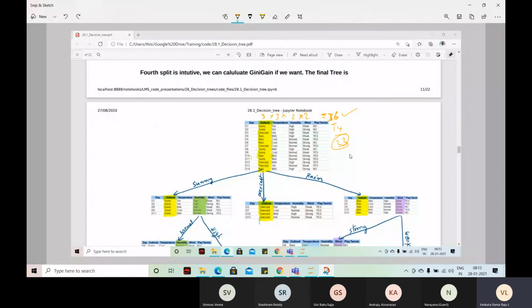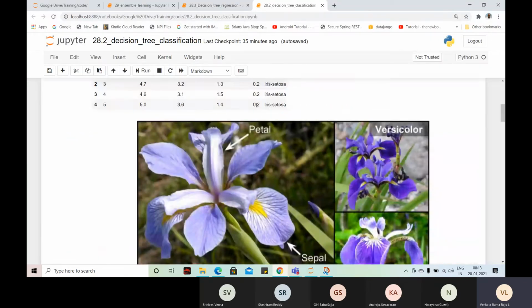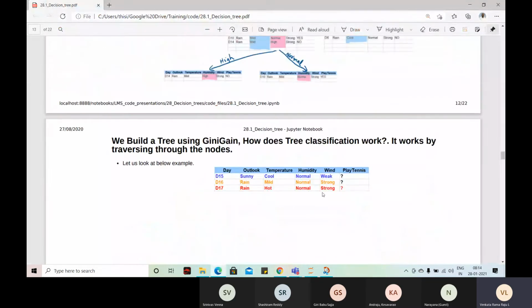There is a possibility to get some combinations. You will not get all combinations, because when it is hot and sunny, you will not get rain. So some of the combinations you will not get. Maybe the situation I created may be hypothetical and may not be possible also. See here, rain, hot, normal, strong.